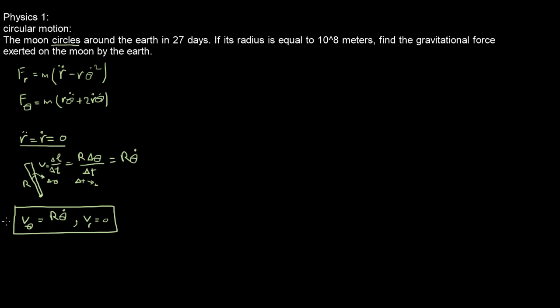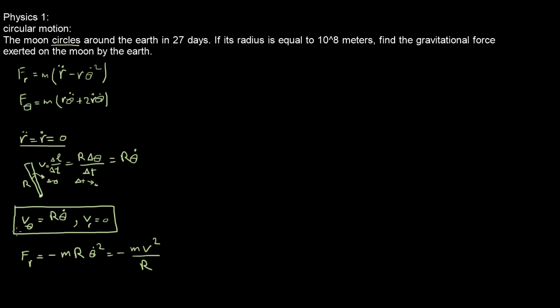Now let's go back and write the equations for a circular motion. Fr therefore is equal to minus m, and let's show the radius with capital R to remember that it's constant, times theta dot squared. Now use this equation: R theta dot is v, therefore it's minus m v squared divided by r.